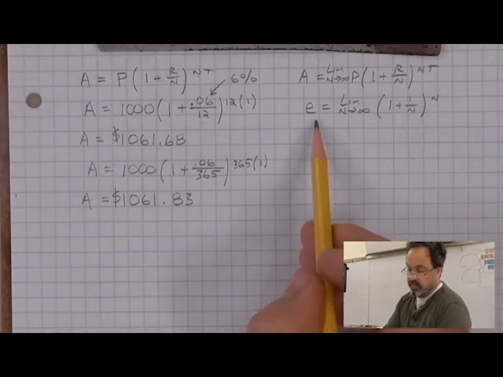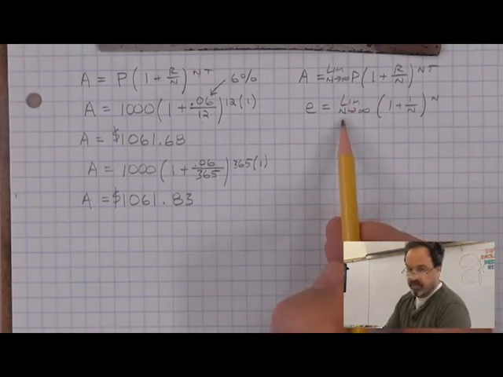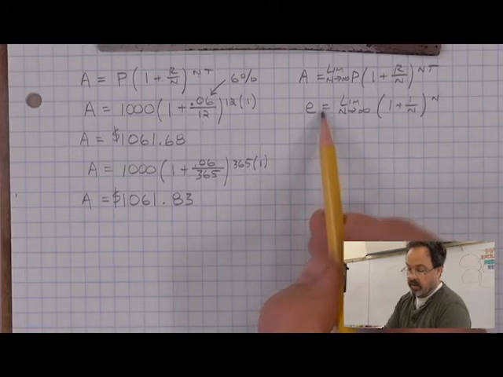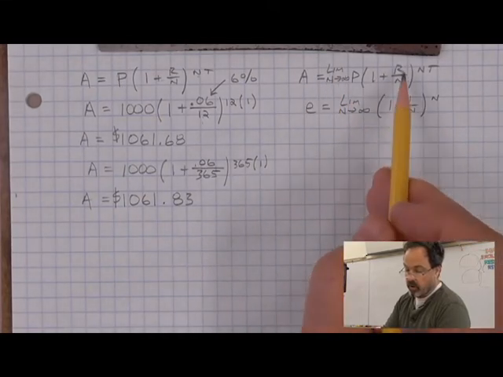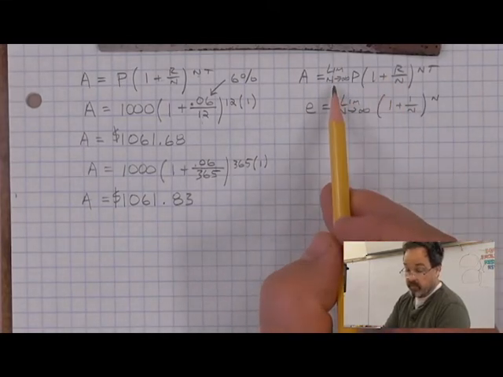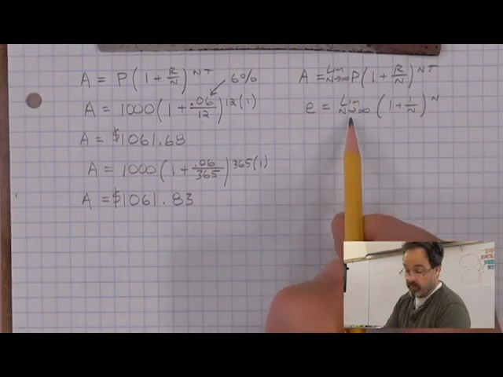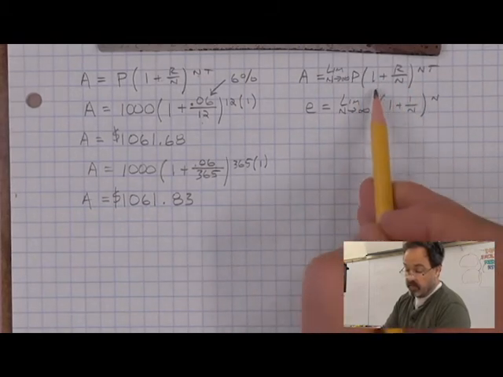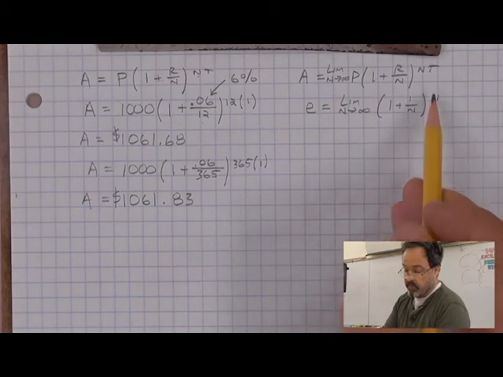Take a look at the similarities between the definition of e and this equation for compounding that we're taking the limit of. Both are infinite limits. Both have inside parentheses a 1 plus something over n, and both are being raised to the nth power.